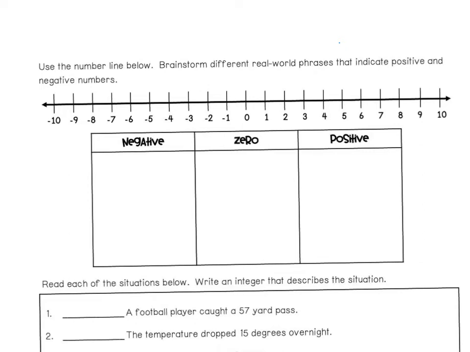So, some things that you might see in life that would be a negative number is if you have a really low temperature. For example, if it's 20 below 0, that is a really low temperature. Something else that would be negative, if you lost something, any kind of loss. Maybe you lost yards in a football game.